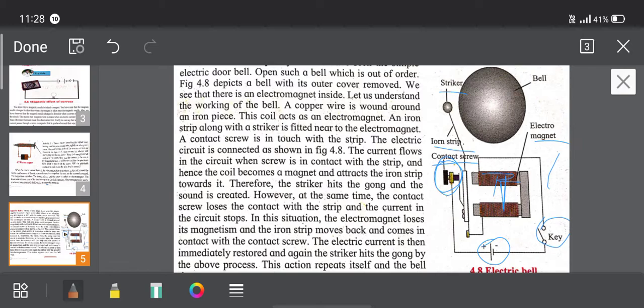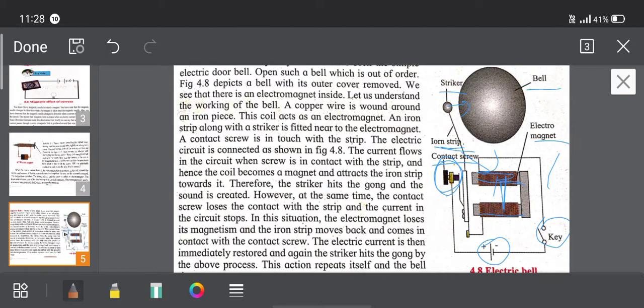When the current starts flowing in the circuit, this copper coil acts as a magnet and attracts the iron strip towards it. That's why the striker hits the bell or gong and sound is created. However, at the same time, the contact screw loses contact with the strip and the current in the circuit stops.